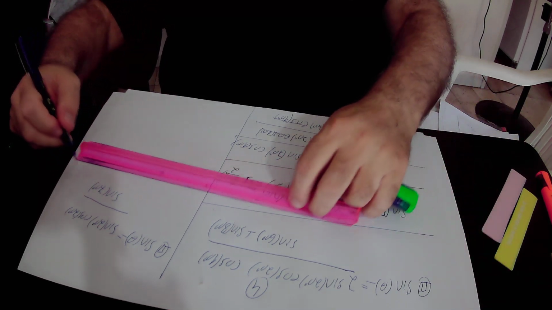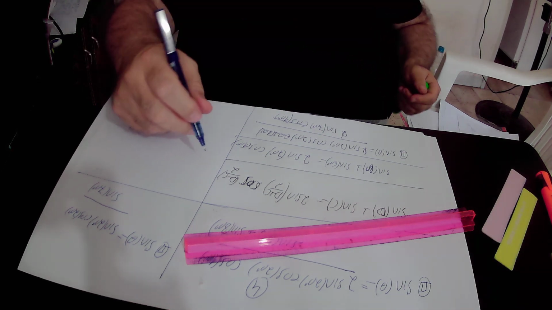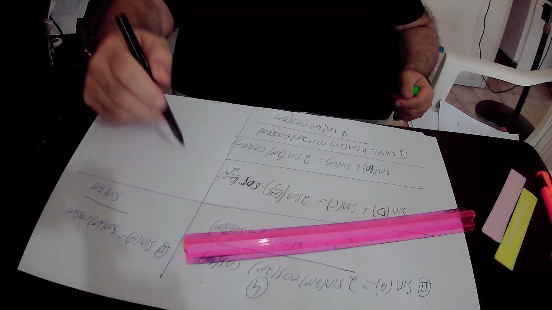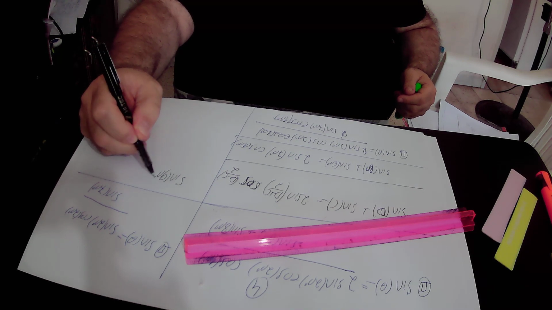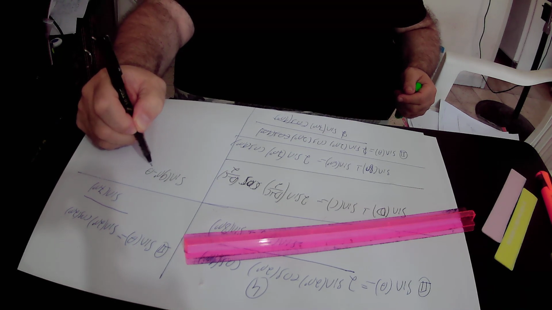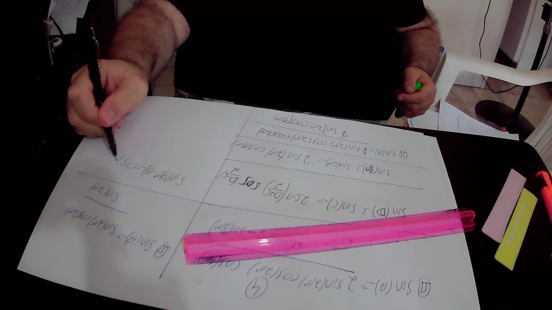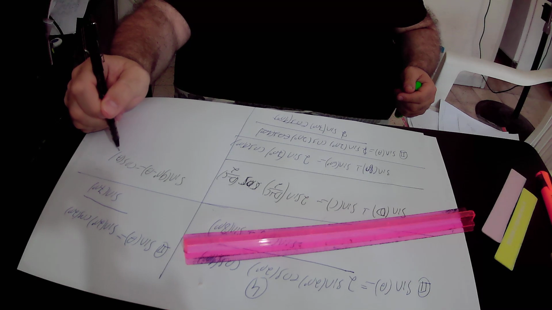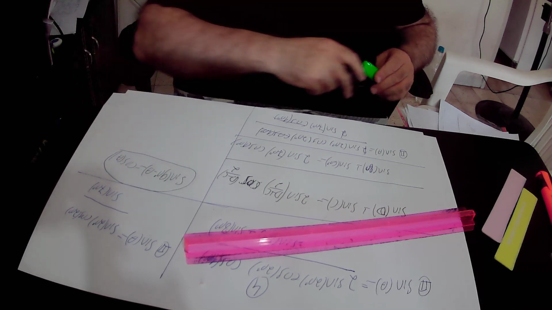And here we have another trigonometric identity that states that sine of (90 degrees minus theta) equals cosine theta.